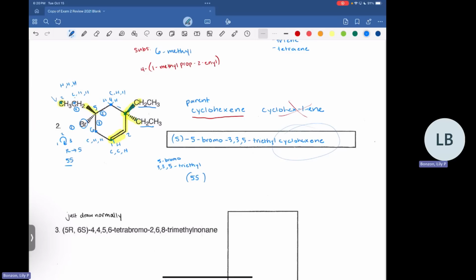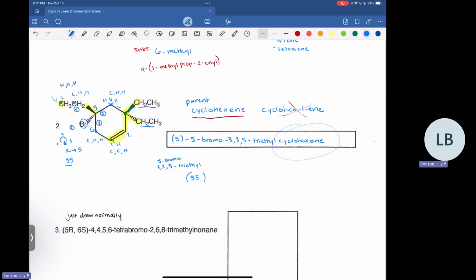The atomic number, yeah. R and S is in linear and cyclic. E and Z is only going to be linear.